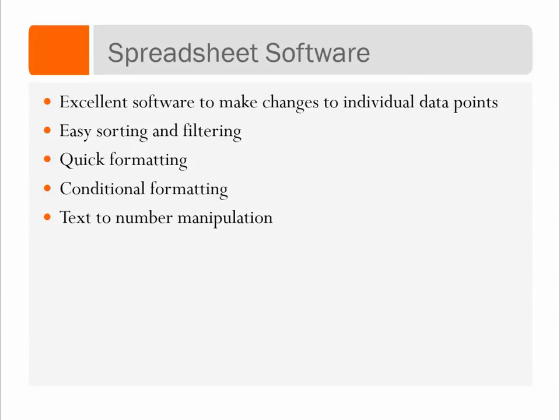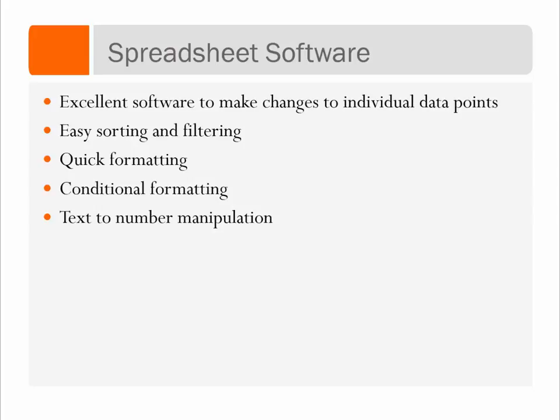Now we can also do lots of formatting in spreadsheet software. Spreadsheets are excellent software to make changes to individual data points. So that's the place where Excel earns its keep. There we have very easy sorting and filtering in Excel. We can do very quick formatting.